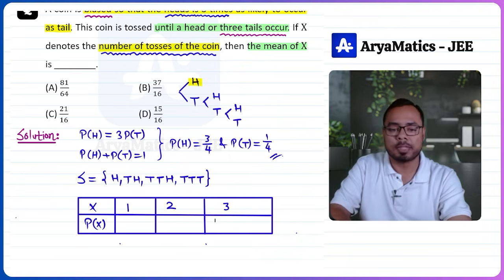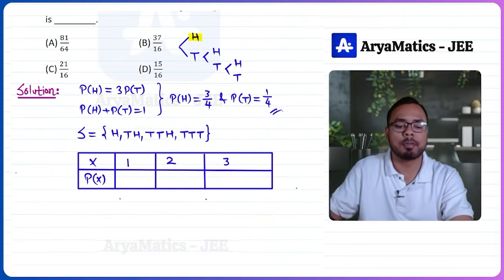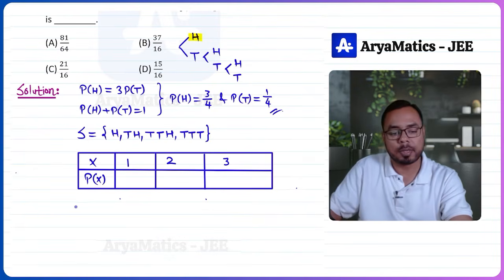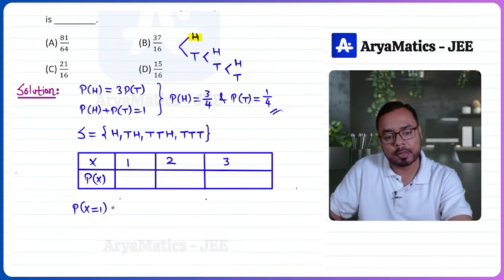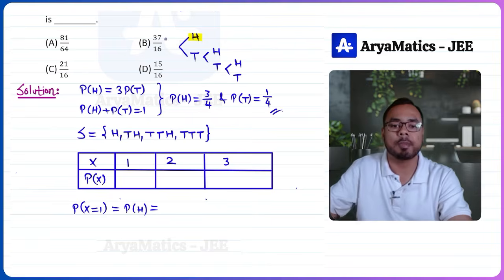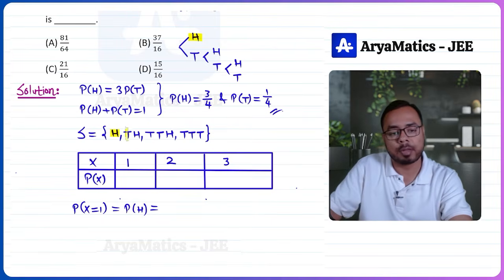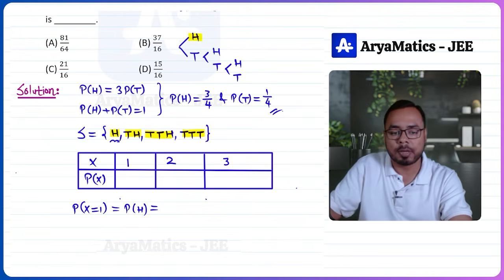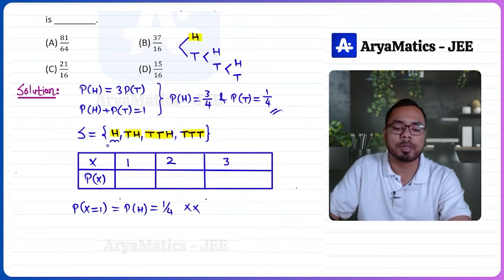Now, once we create the probability distribution table, we have a standard formula for finding the mean or the expected value. So the probability that x is 1 means that the first toss has resulted in head. Now remember, all of these events are not equally likely. So you should not say that the probability of this particular event will be 1 by 4. This will be incorrect. Why? Because all of these events are not equally likely.